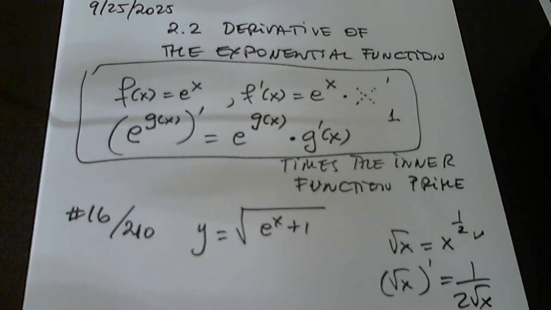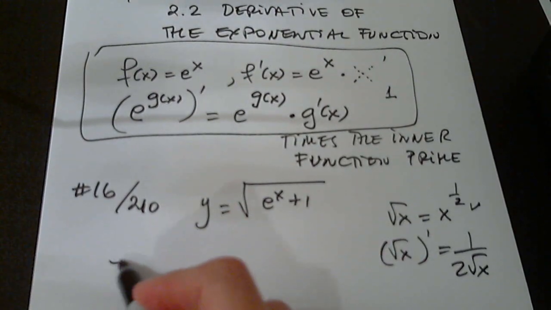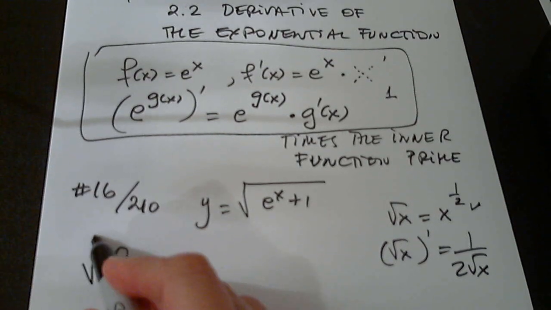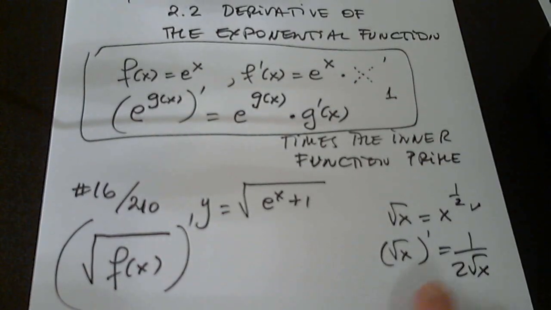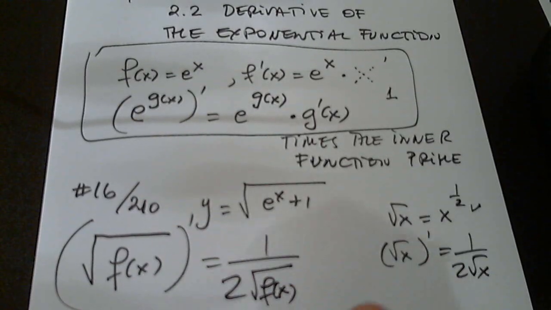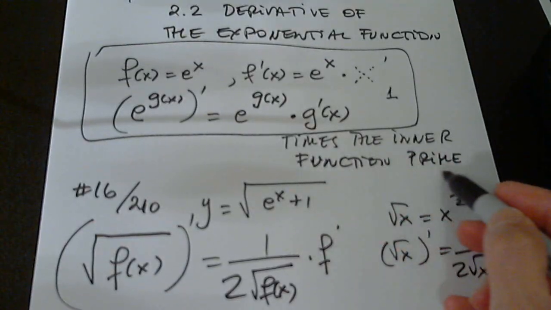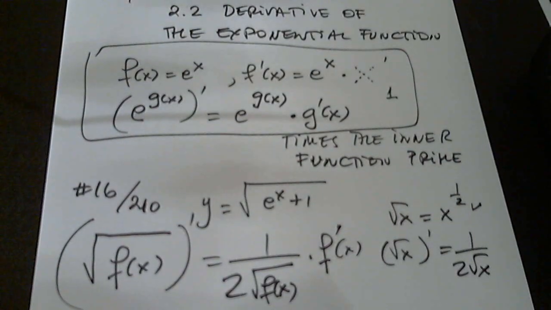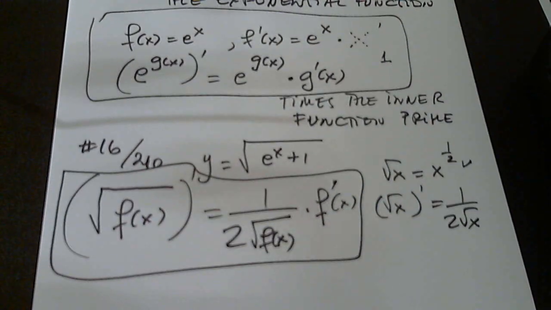Both methods are acceptable. So let's review this. When I have a function under the square root and I want to differentiate it, I'm using this procedure. It's 1 over 2 the square root of the function, but times the inner function prime. So this is a review of the chain rule applied to the square root.